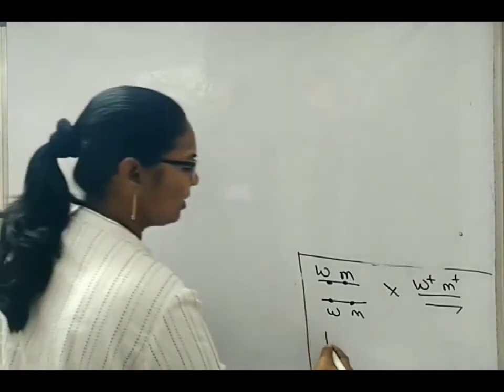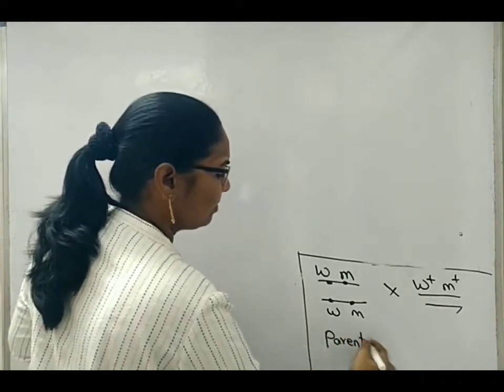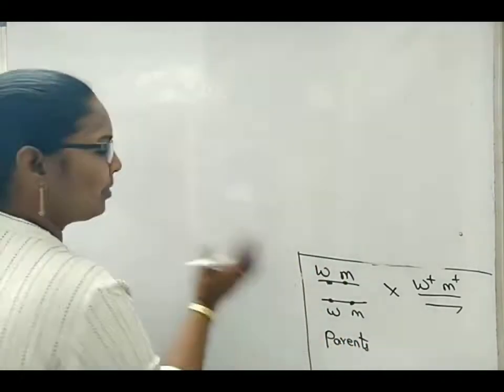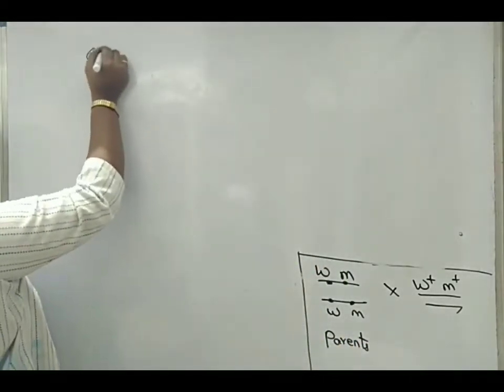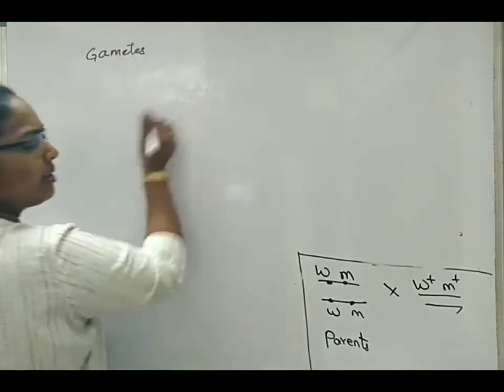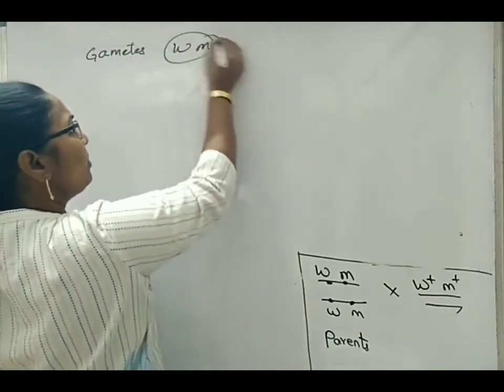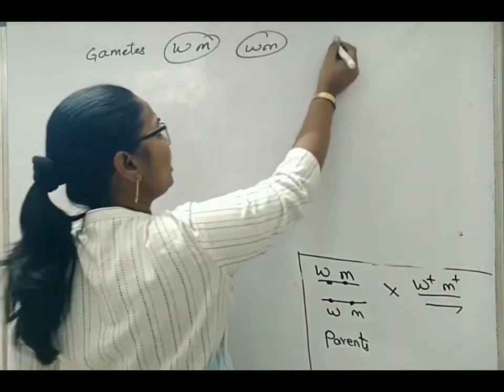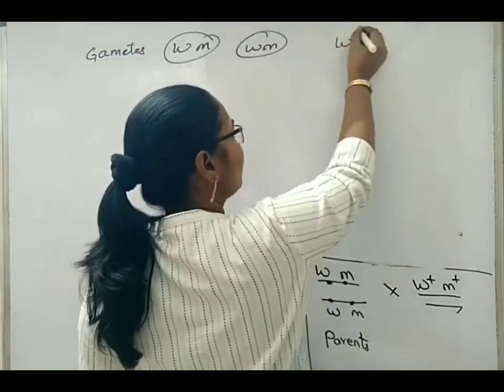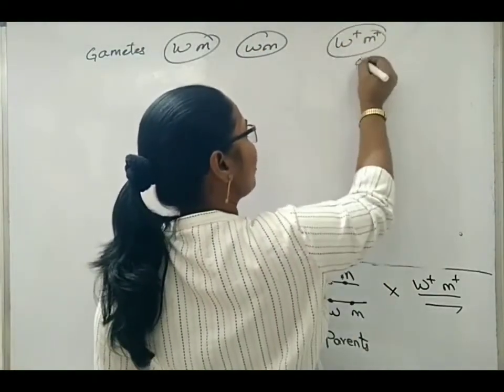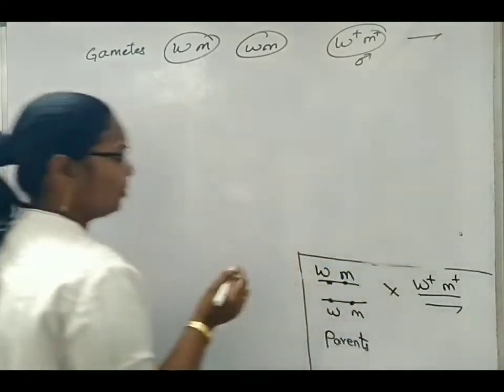If we consider this one as parents, according to the NCERT given type of cross, we get the gametes as one type from the X chromosome of a female, another type, and another type from the X chromosome of male, and also Y chromosome.